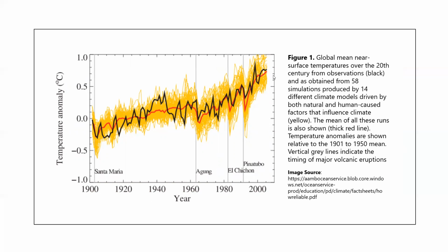When you look at the global mean near surface temperature over the 20th century from observation, and as obtained from 58 simulations produced by 14 different climate models, driven by both natural and human-caused factors that influence climate, we're interested here in the mean of all these runs, which is shown in the thick red line.